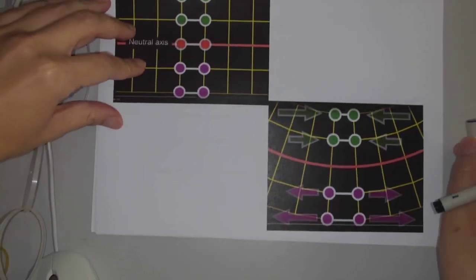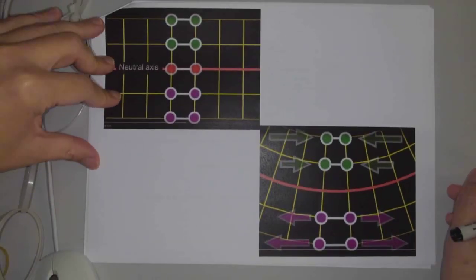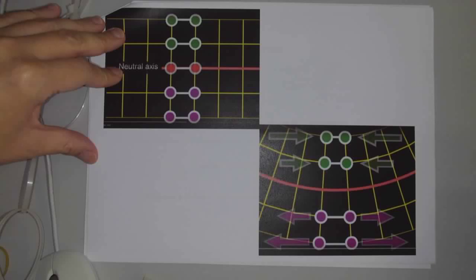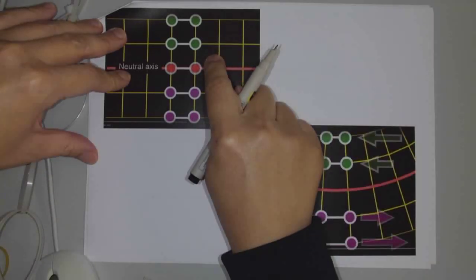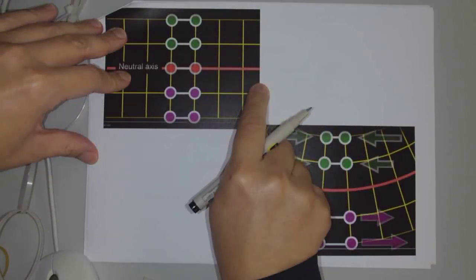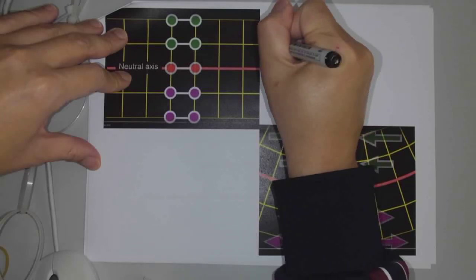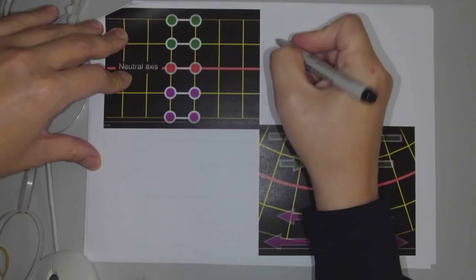If you flip to the next slide, this is what you see. So this one is before bending, and this is after.